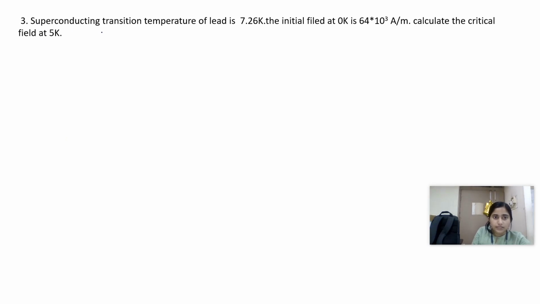The superconducting transition temperature of lead is 7.26 Kelvin and the initial field at 0 Kelvin is 64 times 10 to the power 3 ampere per meter. Calculate the critical field at 5 Kelvin. So this is the question.